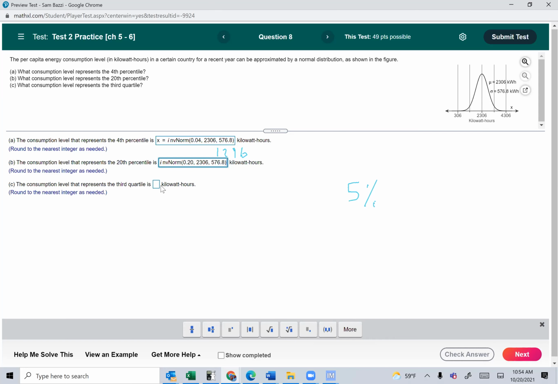Consumption level that represents the third quartile. Who can tell me what the percent is for the third quartile, guys? Any participation here? What would be the third quartile? The third quartile is the middle of the second half. It's 75%.